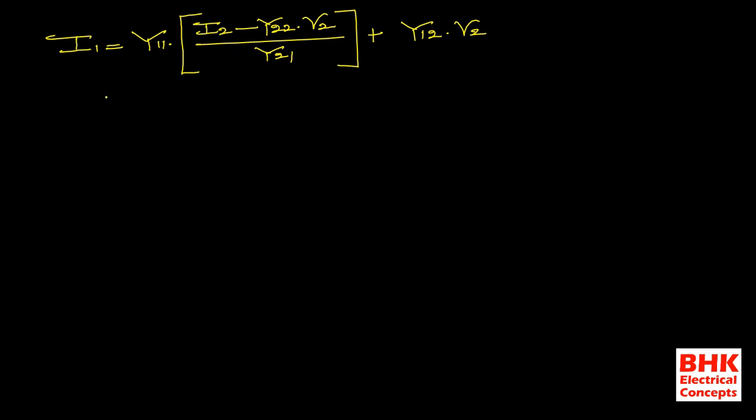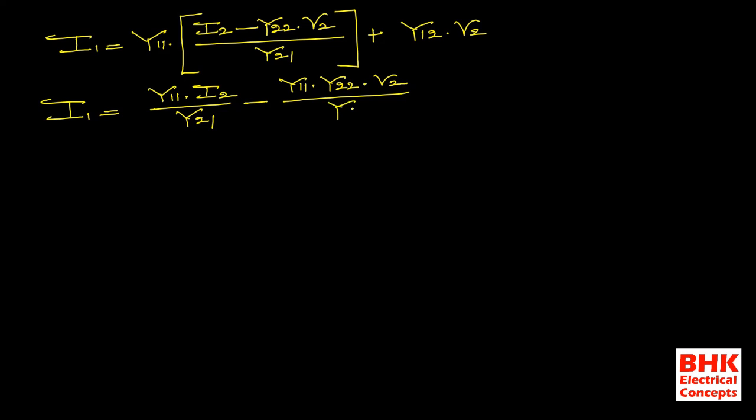Now just simplify this expression. I1 is equal to Y11 I2 divided by Y21 minus Y11 Y22 into V2 divided by Y21 plus the remaining term, Y12 V2.